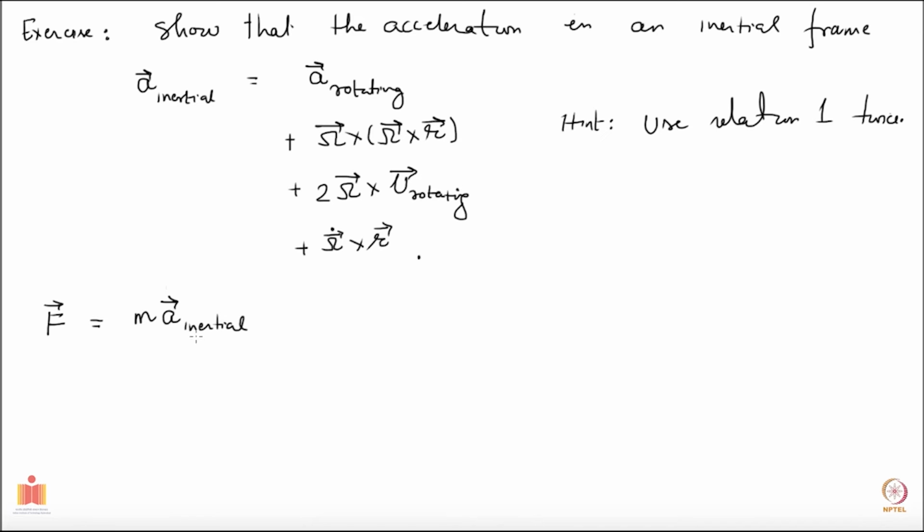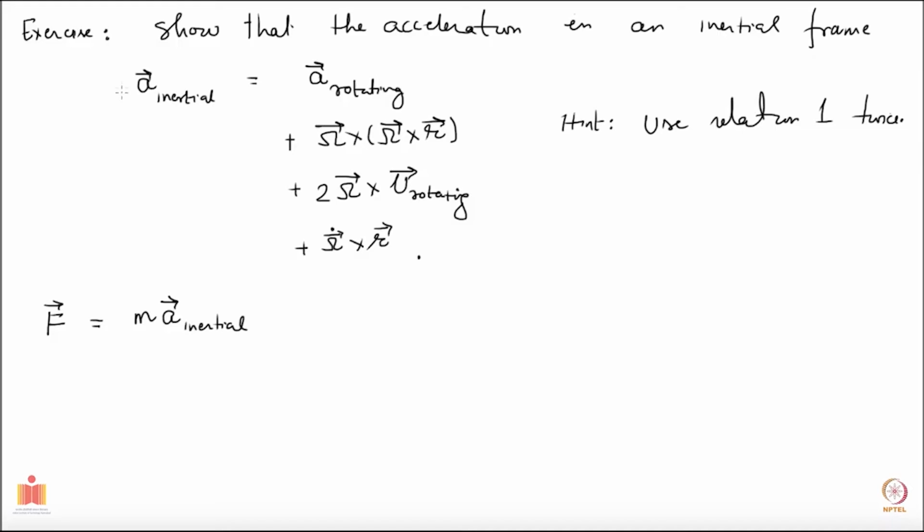So there will be some agent which will be pulling or pushing it around, and that's why you'll have the inertial acceleration. But now let's ask how things appear if you view the same object accelerating in a rotating frame of reference. So let me do this. All I have to do is take this expression here and multiply throughout by the mass of the particle.